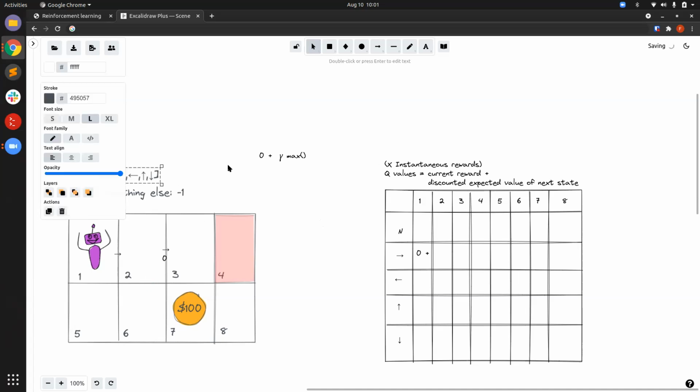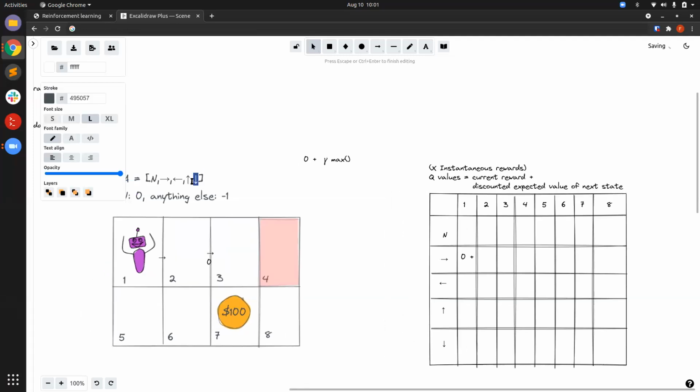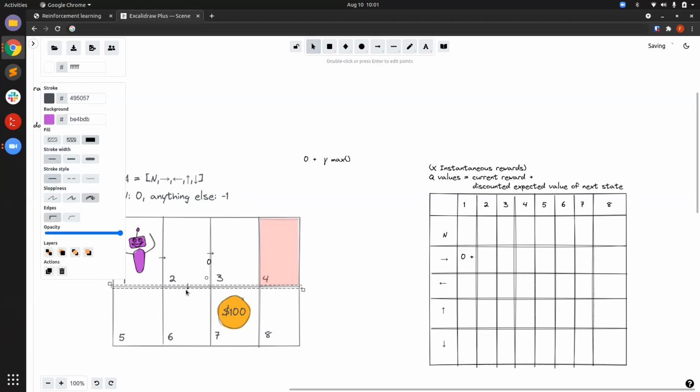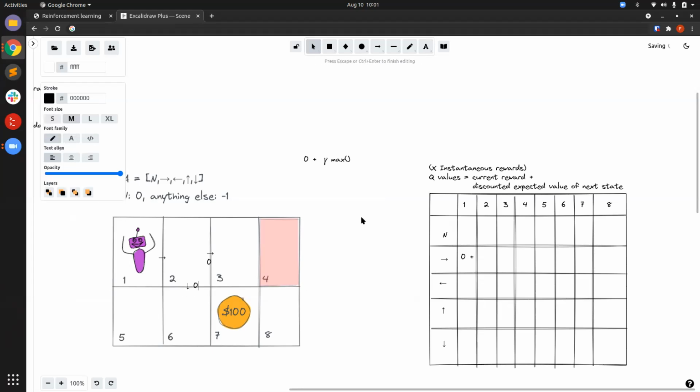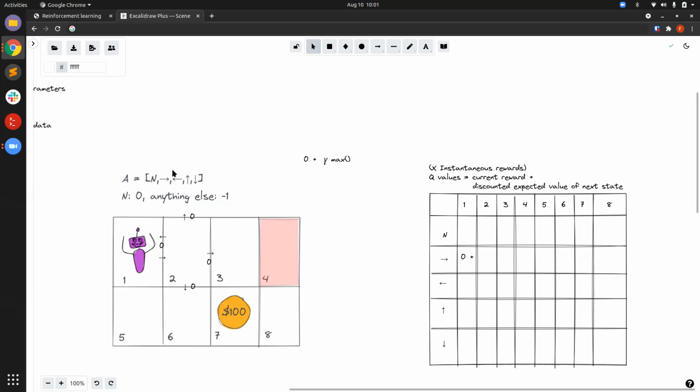So I can go down with Q value 0, up with Q value 0, or I could stay in the state again with Q value 0.